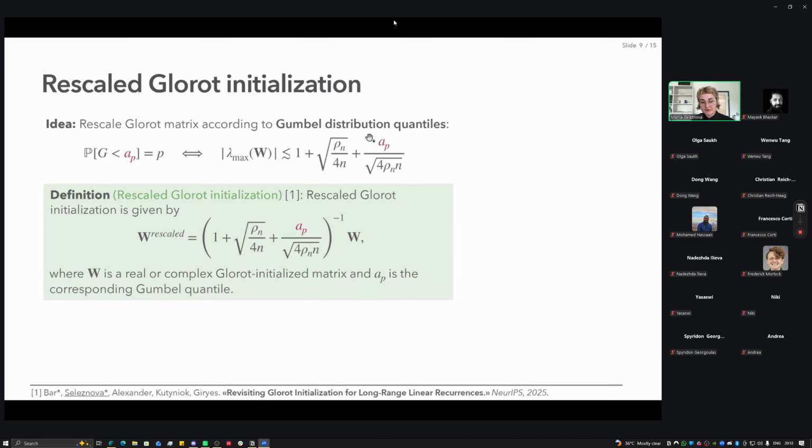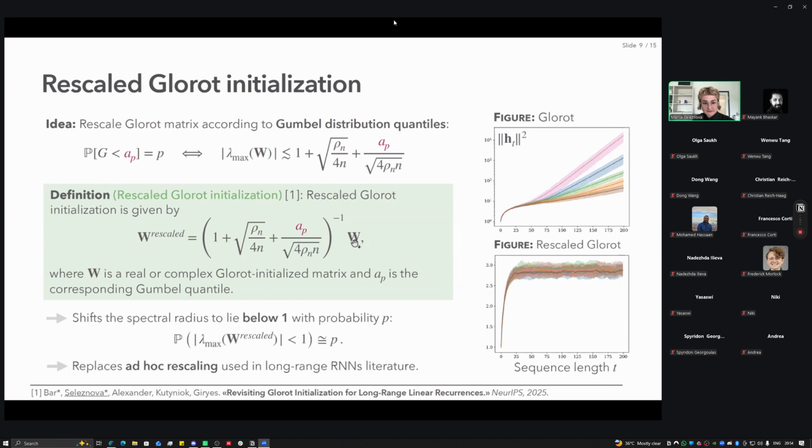Then we can use this upper bound to rescale our vanilla Glorot initialization. This ensures that the spectral radius stays below 1 with a certain probability and allows us to mitigate exploding behavior with this probability. The argument is that this kind of rescaling replaces the ad hoc rescaling used in the literature so far.